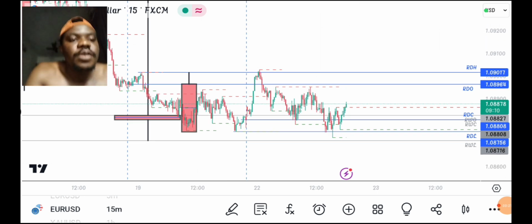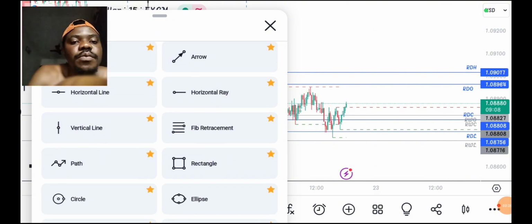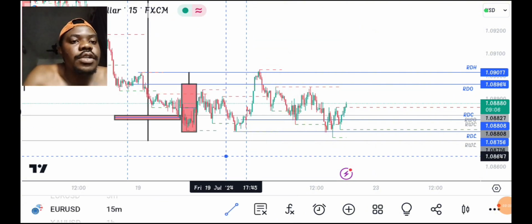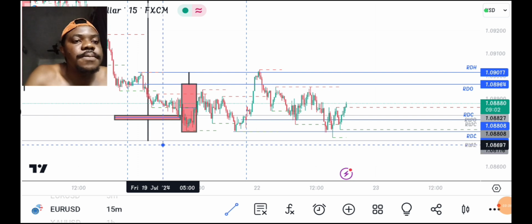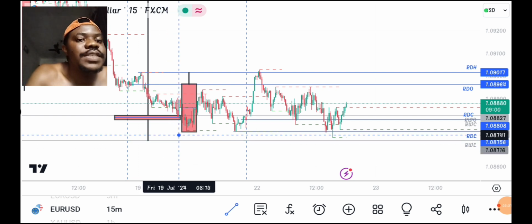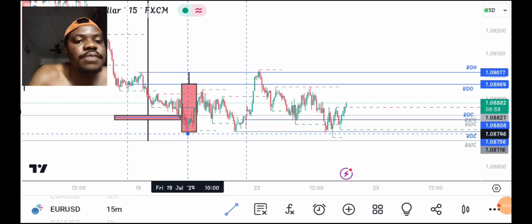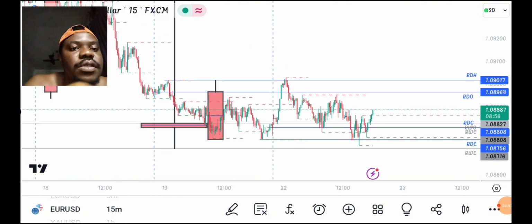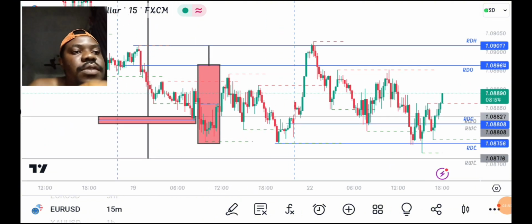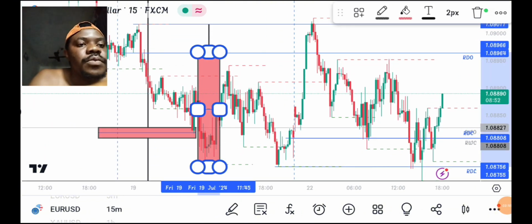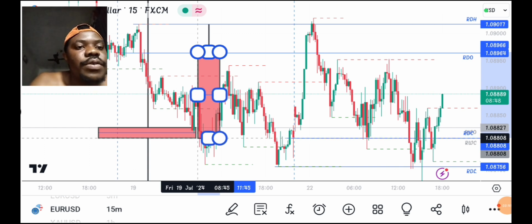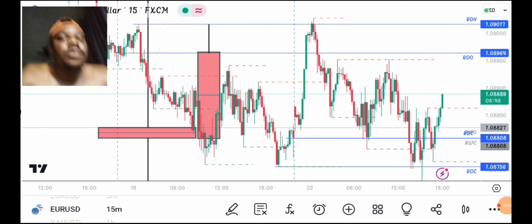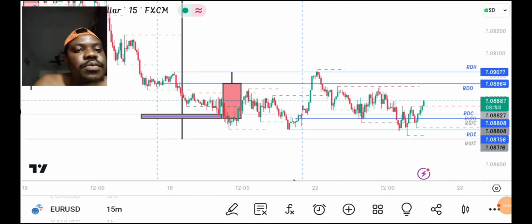And then you also want to draw from the recent daily low, the RDL, also to the recent daily close. I think I made a slight mistake here, so let me adjust this candle. It's our recent daily close, so that's where it's supposed to be.